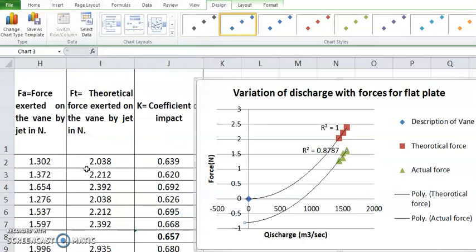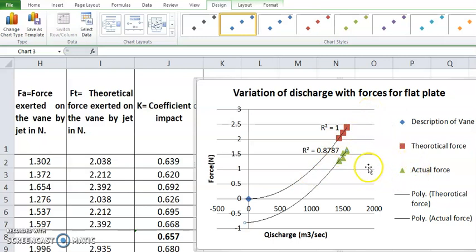And here you can see one very good observation which you are getting from this: your theoretical force should start with 0, and it is starting with 0. That means it is verifying that whatever theoretical force you have calculated is correctly calculated, and this intermediate trend is getting verified.